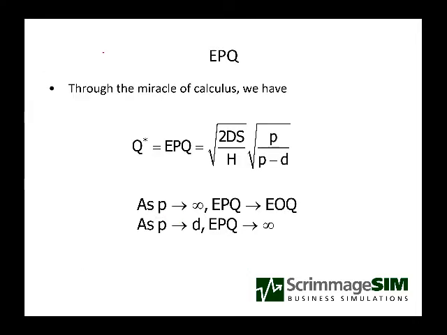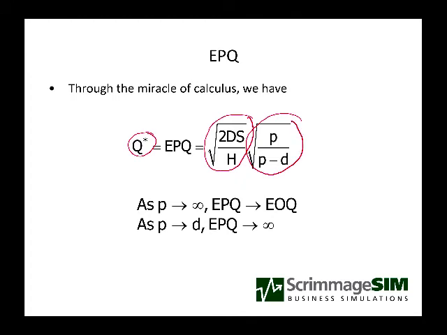Through the miracle of calculus, we can get the economic production quantity, Q star, the optimal production quantity, considering the setup cost, the fixed cost of setting up, and the inventory holding cost. And you'll notice the first portion looks exactly like the EOQ formula. It's just multiplied by this correction term, which now is underneath the square root.